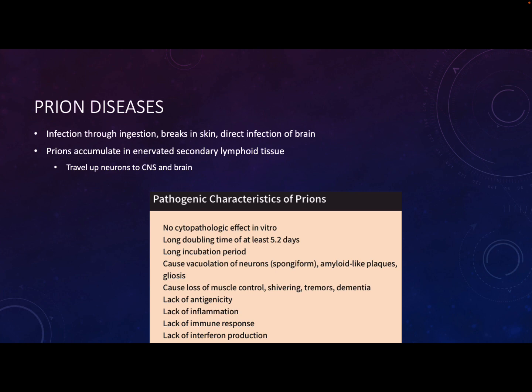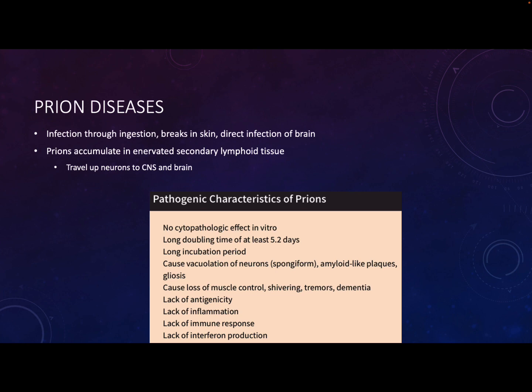So infection is generally through ingestion, breaks in the skin, or it could be direct into the brain. This is a risk, especially in surgical environments. And the reason that it's a risk is because oftentimes the neurodegeneration in people looks a lot like other neurodegenerative disorders, like Alzheimer's, Parkinson's, Lewy body dementia. They all look sort of similar if you're just looking at the brain.